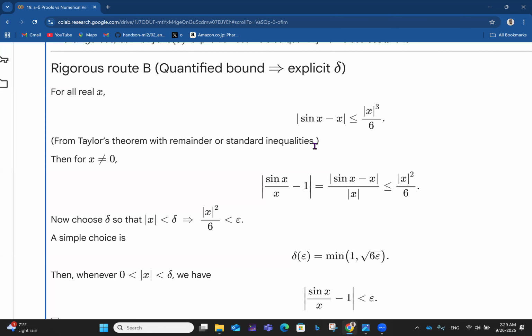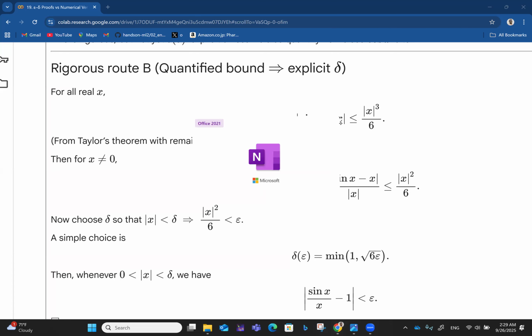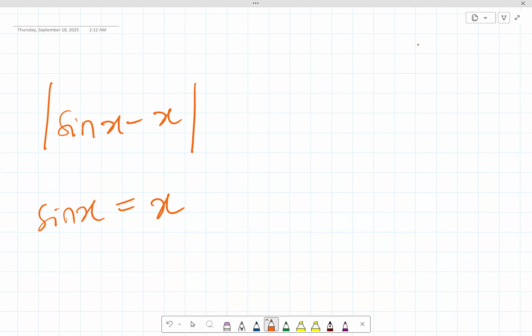So, since sine is an odd function, if we expand sine x, we have the absolute value of sine x minus x. Normally we know that sine x, being an odd function, starts with x.